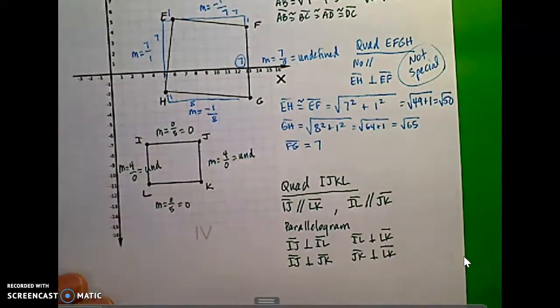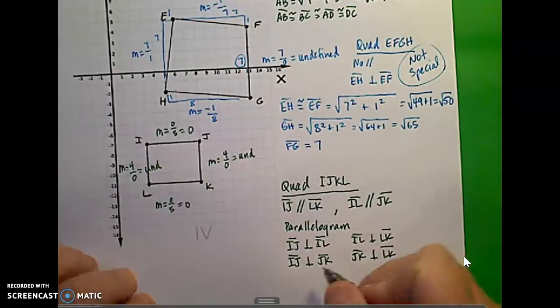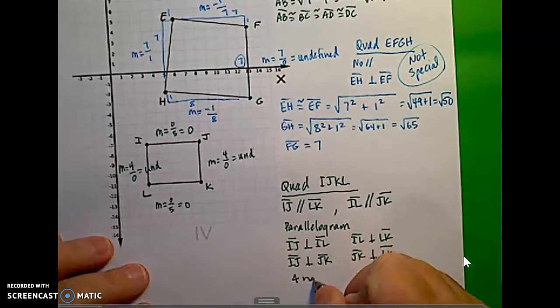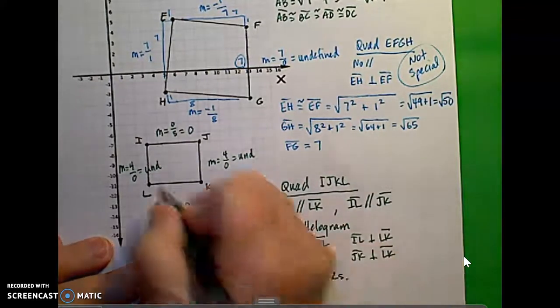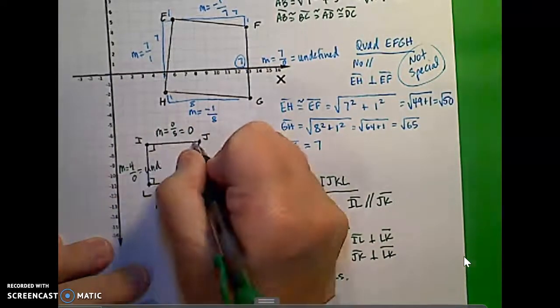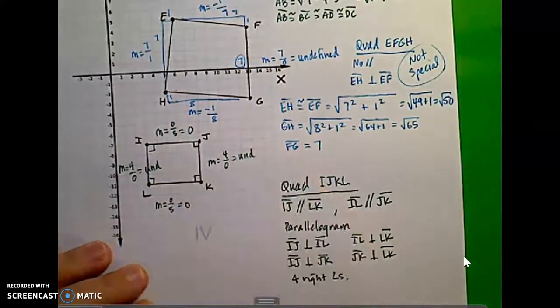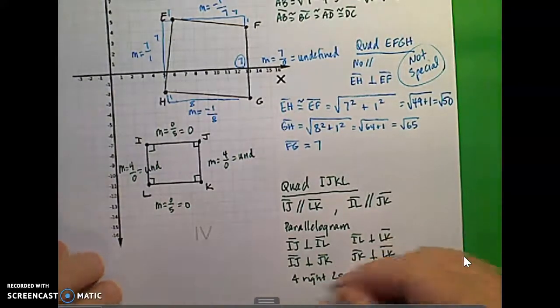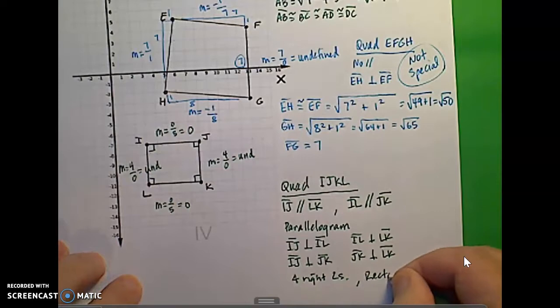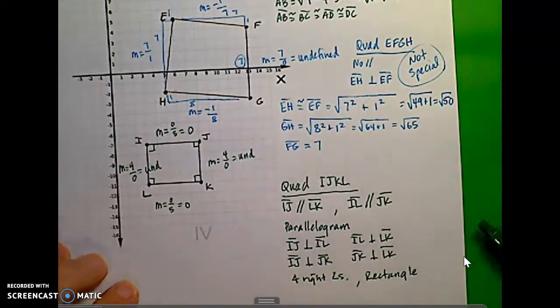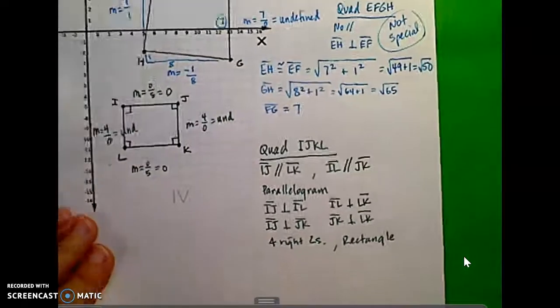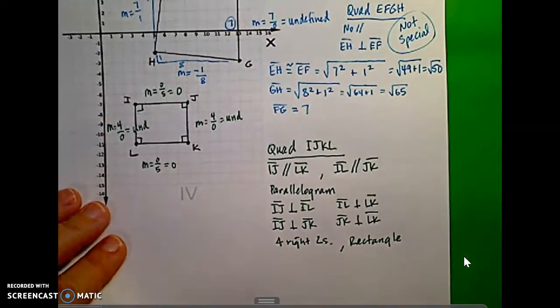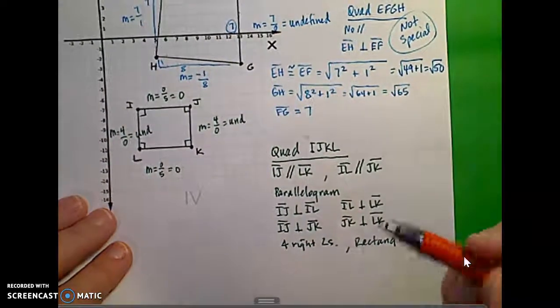So all these are perpendicular, which means we have 4 right angles. I'm going to draw that in my picture. And so it's looking like this could be a rectangle, maybe a square. So, but right now, the best we can do is call it a rectangle. Let's measure the side lengths now. And this one, we don't need the distance formula, yay, because it's all horizontal and vertical.